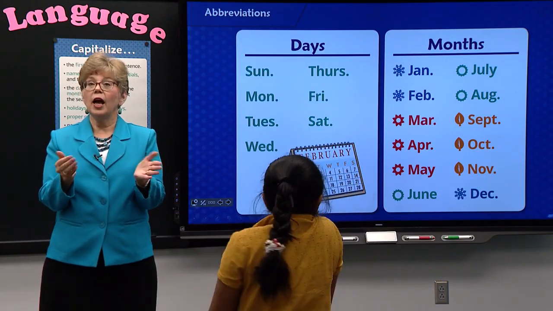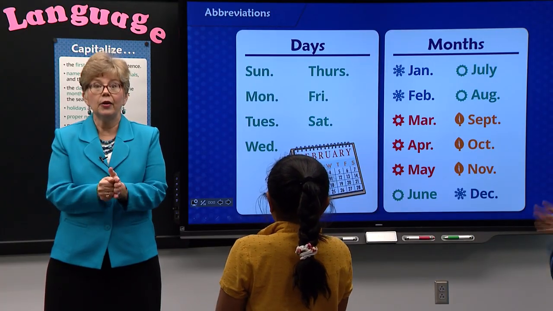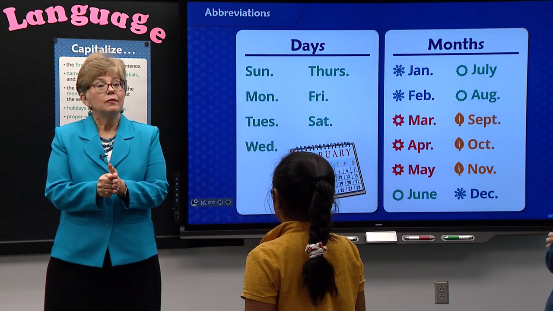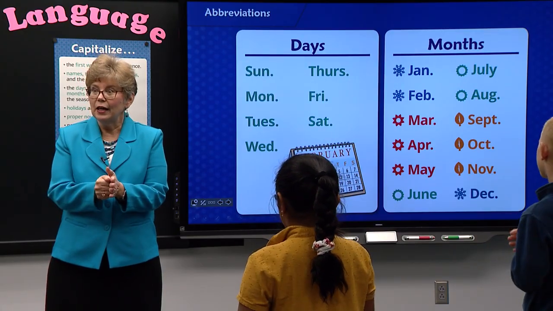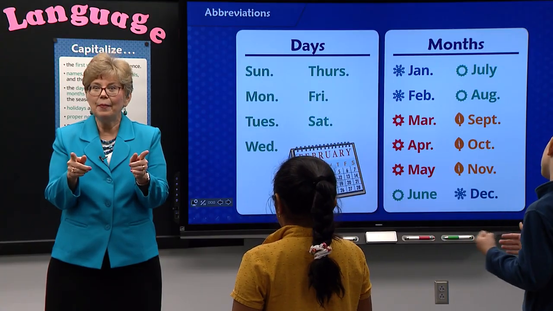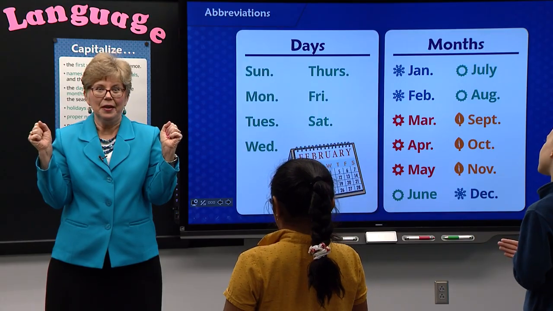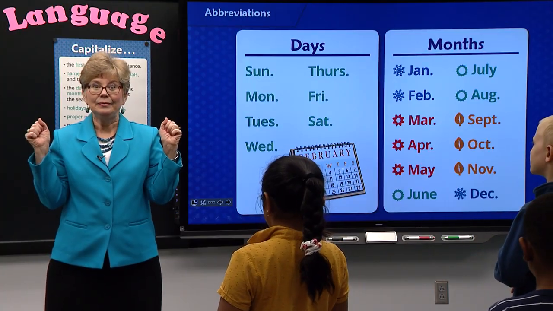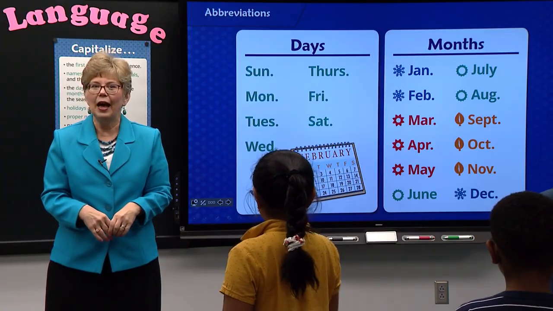January, capital J-A-N, period. February, capital F-E-B, period. March, capital M-A-R, period. April, capital A-P-R, period. May, capital M-A-Y. I'm so glad you didn't put a period. June, capital J-U-N-E. Good job. July, capital J-U-L-Y.